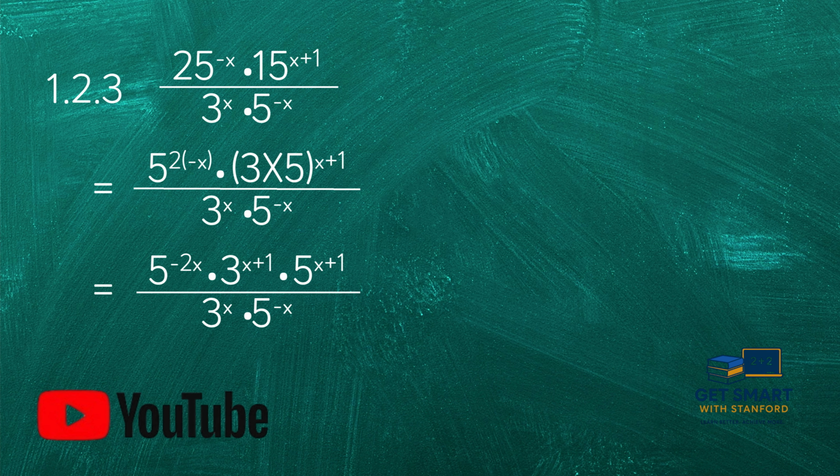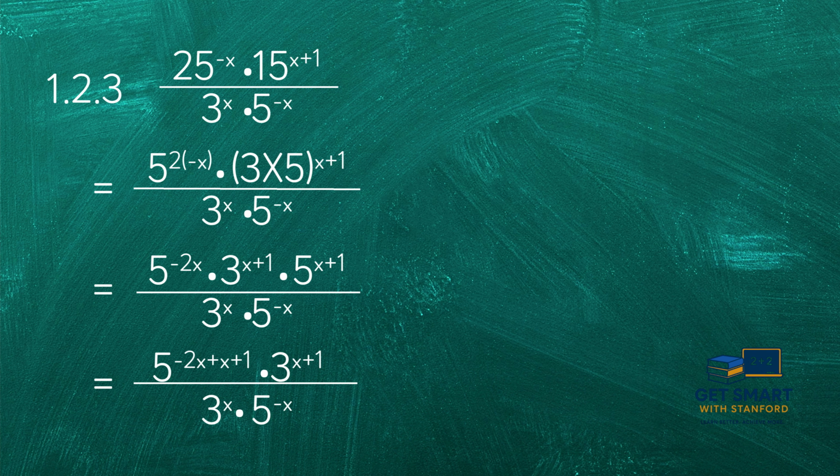And the exponent can be distributed into both 3 and 5. On the numerator, we now have a base of 5 multiplying each other. We will then write one base, which is 5, and add the exponents.